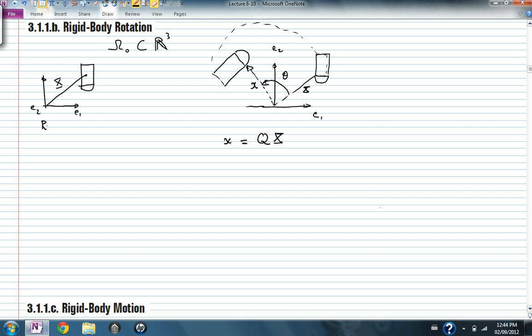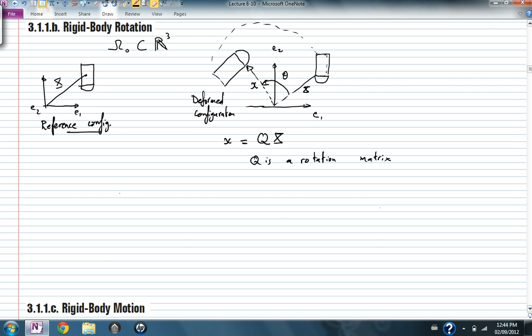This is the reference configuration. This is the deformed configuration. And Q is a rotation matrix.